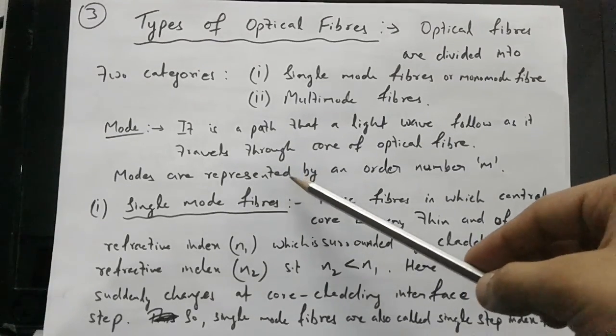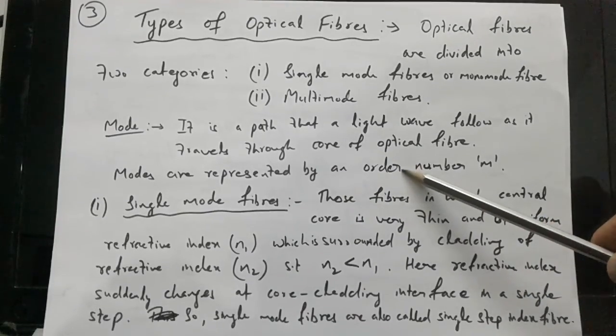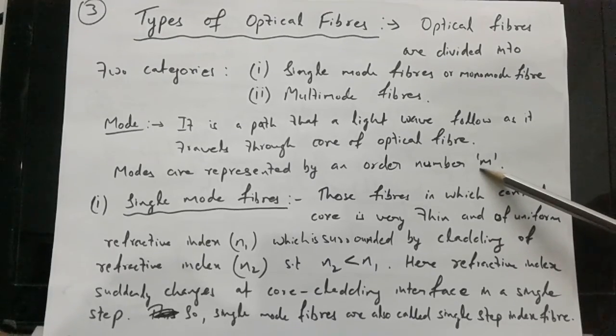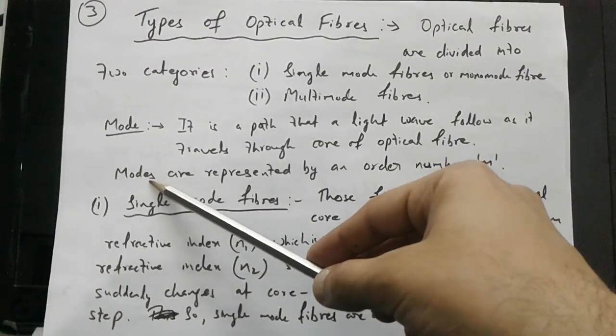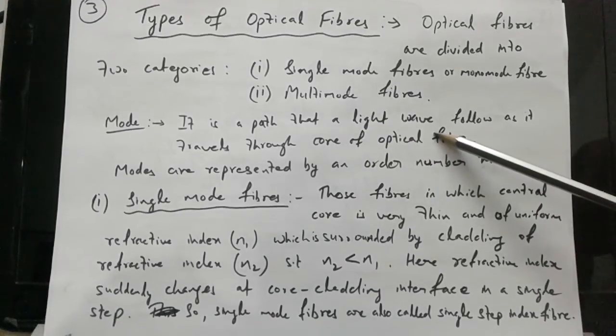Suppose the order or the number m is given, it means that this is the order of the modes in which the light propagates through the optical fiber.